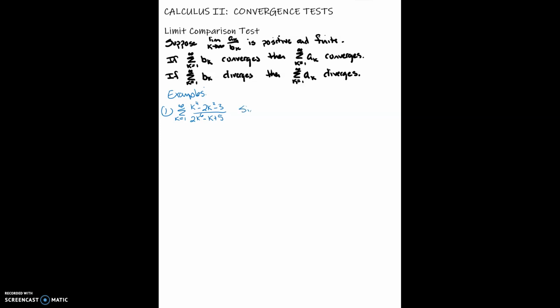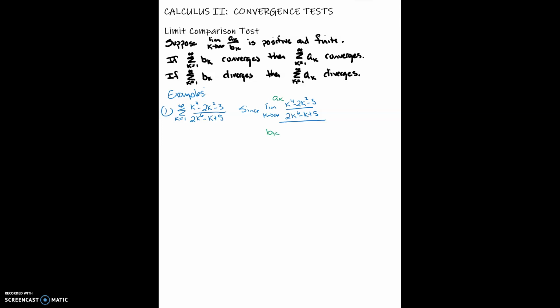Now what we're going to start with is the limit, as k goes to infinity, of the a sub k's, that's our given sequence, over some other sequence. Now, these are my a sub k's. We have to figure out what the b sub k's are.